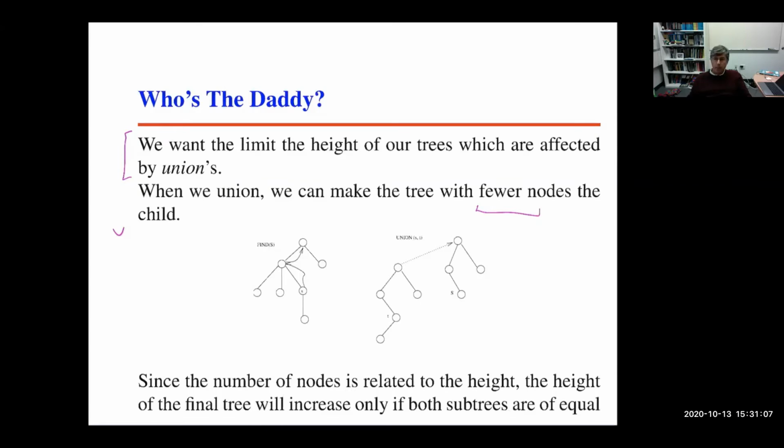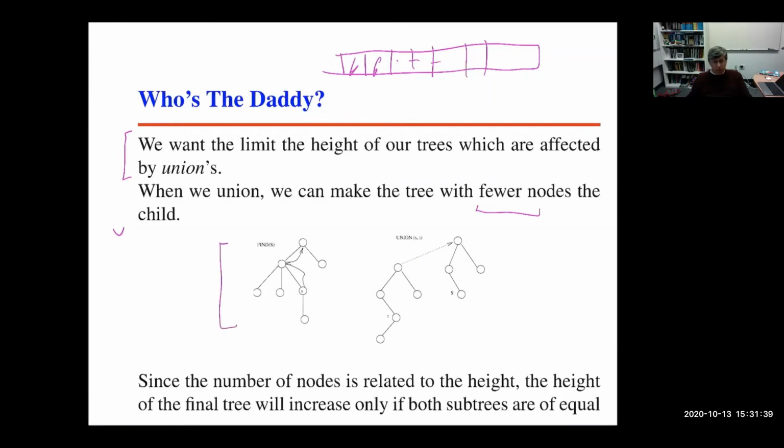If for every node I know the number of nodes in its subtree, figuring out which one is bigger is just comparing a number. To merge, the number of nodes in the merged tree is just adding them up. So it's relatively easy to do.